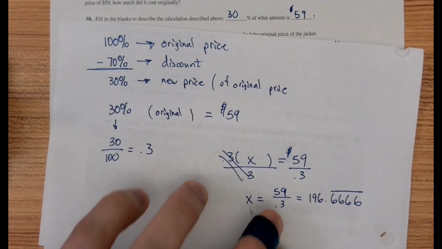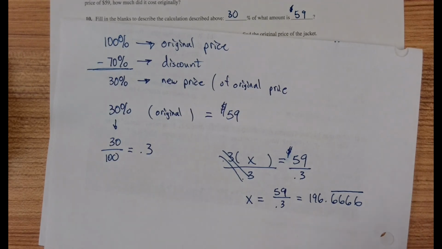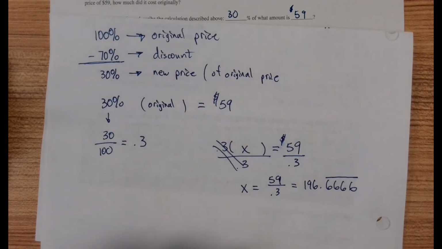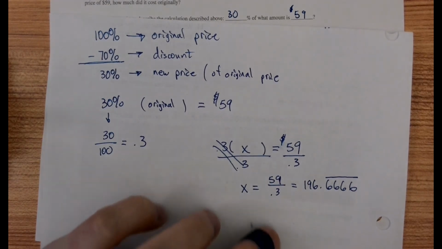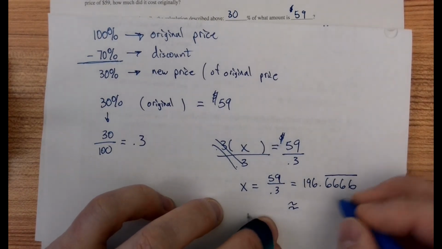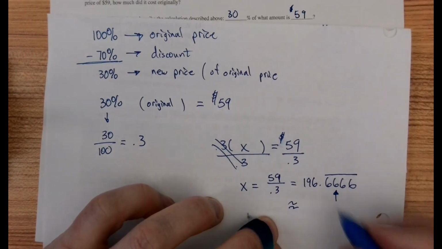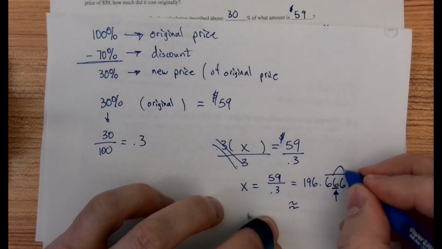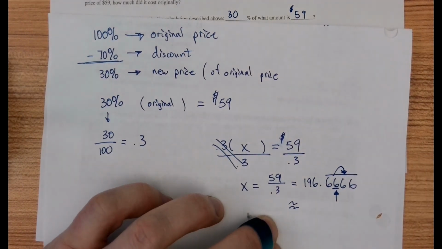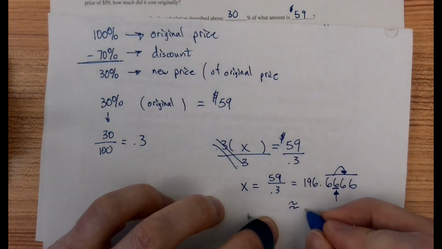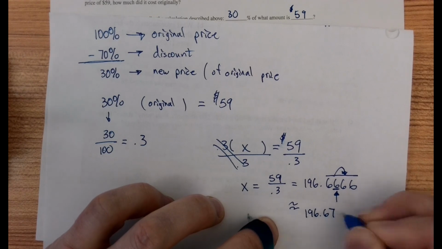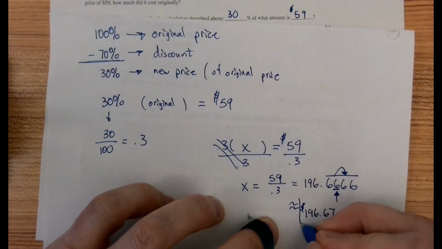You may remember from olden days, the bar over the numbers means this continues to repeat forever and ever. Well, we're working with money, so it would be most appropriate, again, to round to 2 decimal places, or the hundredths place. So this is the number we're working with. Look at the number immediately after it. It's a number larger than 5, so we would round this to $196.67. That is the original price.